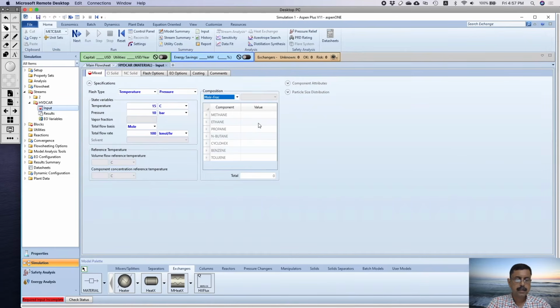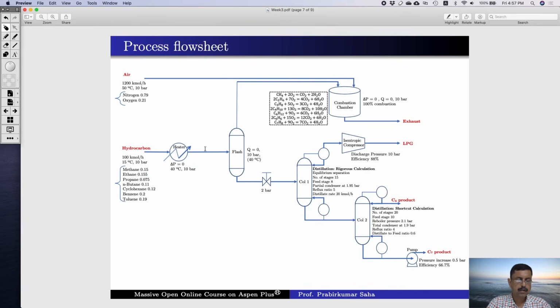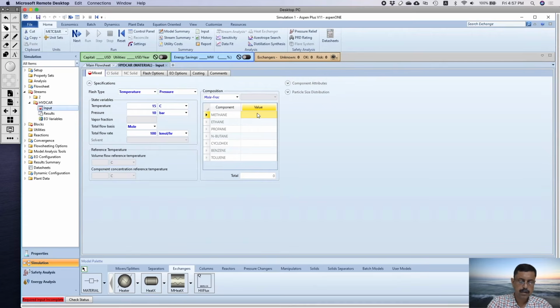Then methane 0.15, ethane 0.155. As you keep on typing, the total mole fraction is coming over here. Now it should reach 1.